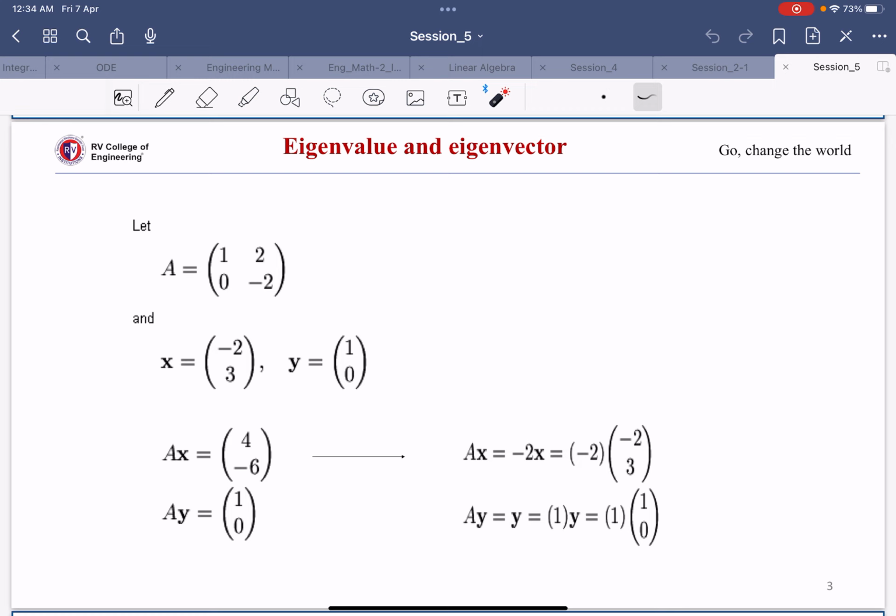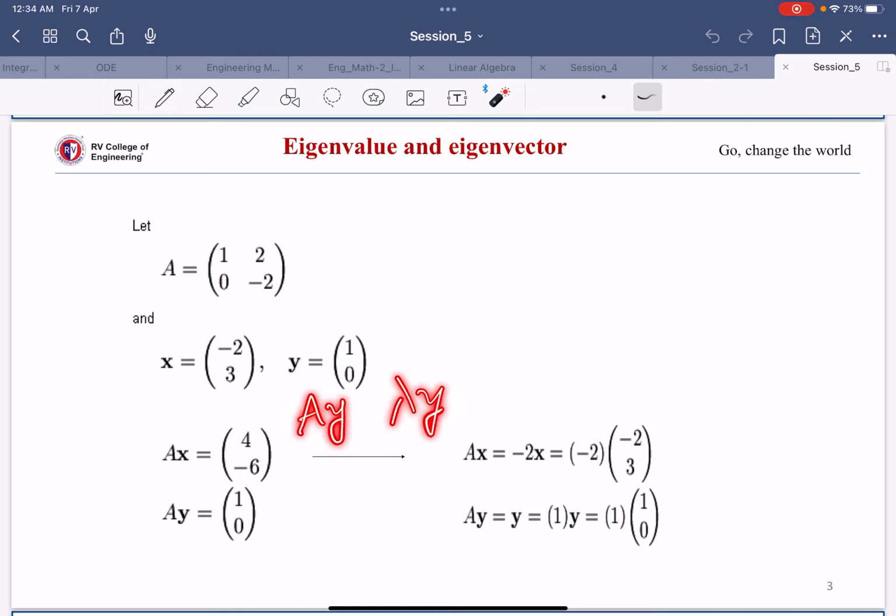The same happens in the case of A operating on the vector y. When A is operated on y, we get (1, 0), which can also be written as 1 times (1, 0), where 1 is a constant which I can represent as some lambda times y itself.